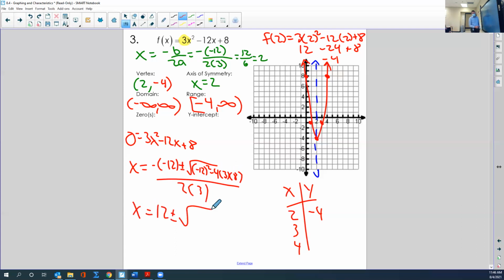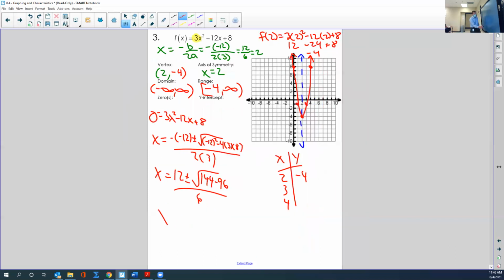That's 144 minus 24, 48, 96. 144 minus 96 is 48.